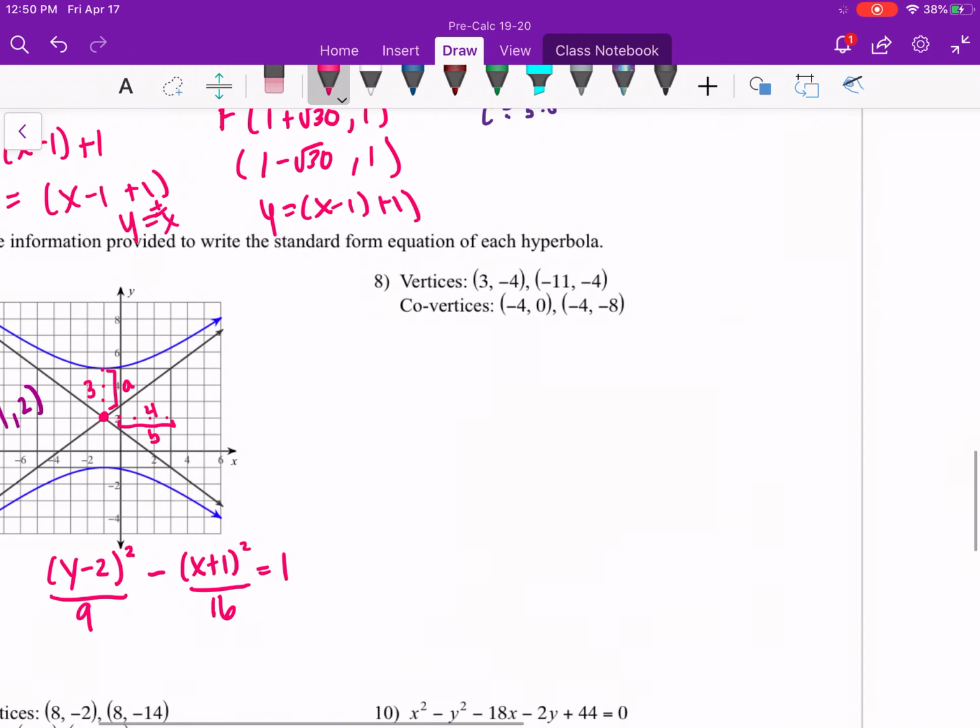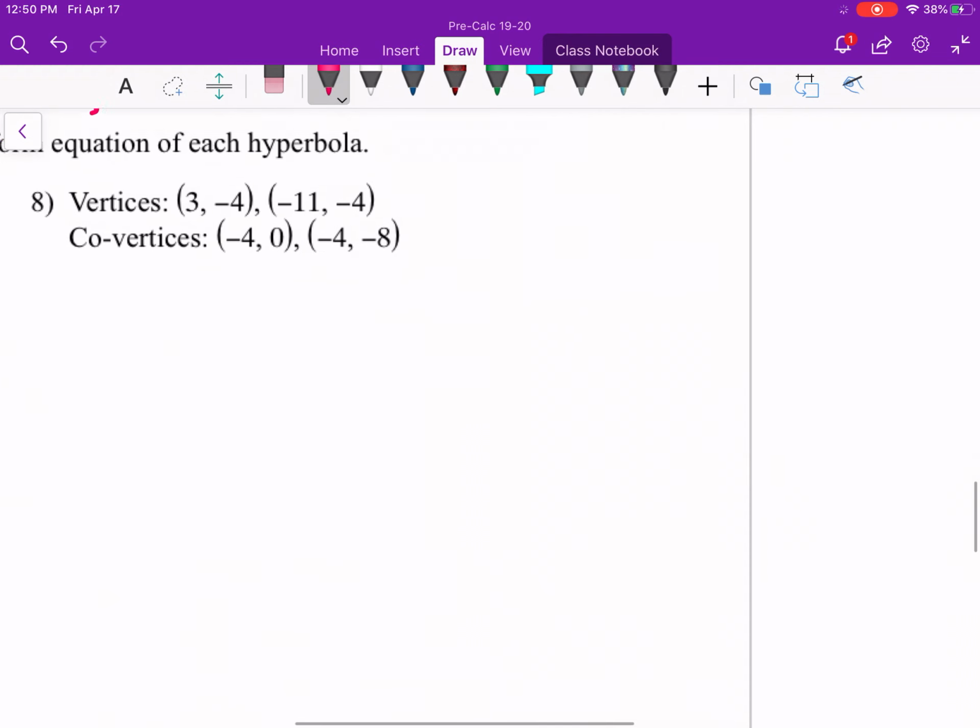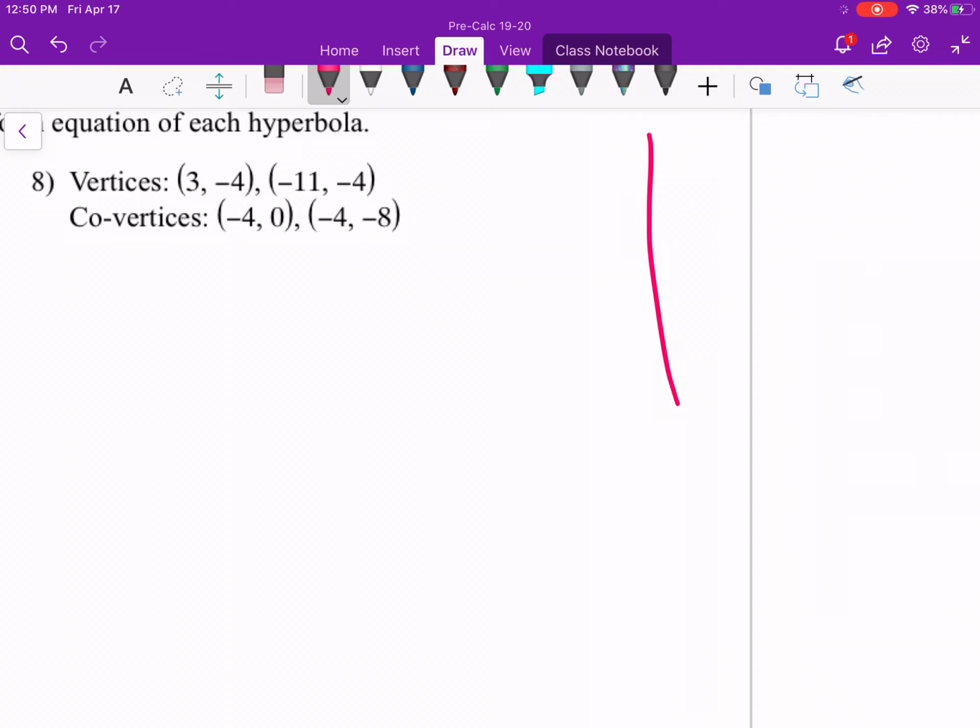Again, number 8 and 9, you already know what I'm about to say. We're going to draw the graph ourselves because it's so much easier to just visualize it on a graph. My vertices are at 3, -4. Again, let's see if I ruin the scale of this completely. 3, -4, and -11, -4.